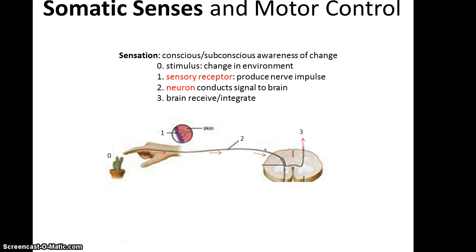Then you need some sort of sensory receptor, something in the finger that is going to detect this change in the environment and then signal a neuron to produce a nerve impulse that will then go to the central nervous system. So then you need the sensory neuron itself, which conducts the signal to the brain, and finally the brain needs to receive and integrate this information, deciding on an appropriate response to this sensation.